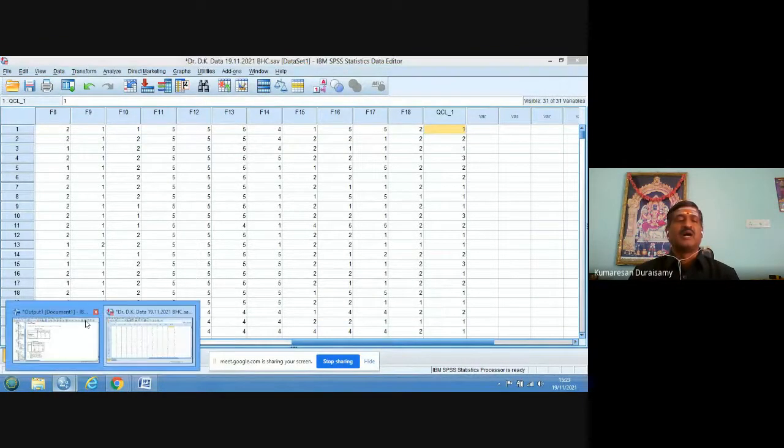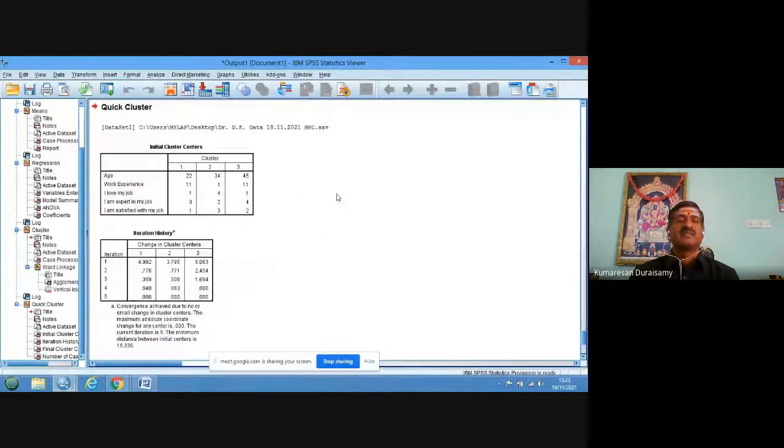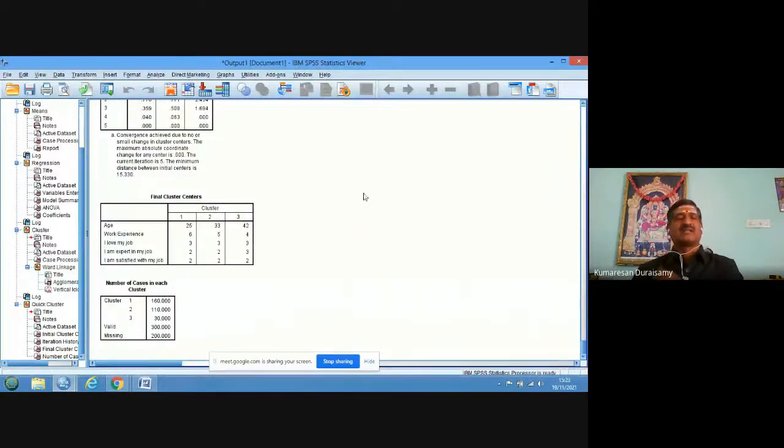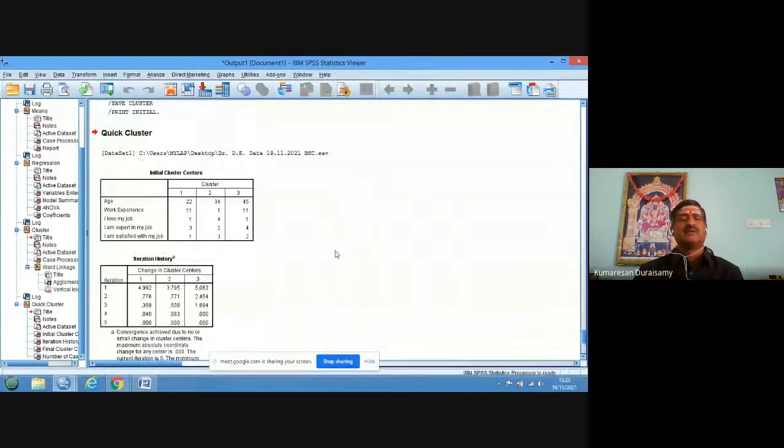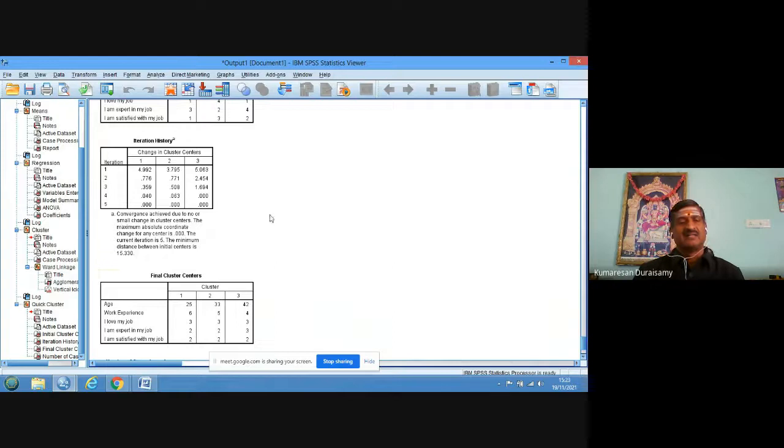Now you come to the output. See, these are the results. Look at this. There are 3 clusters. This is the initial cluster center. Initially, this is the cluster center. Then final cluster center is given here.